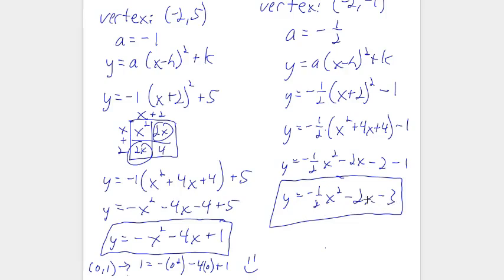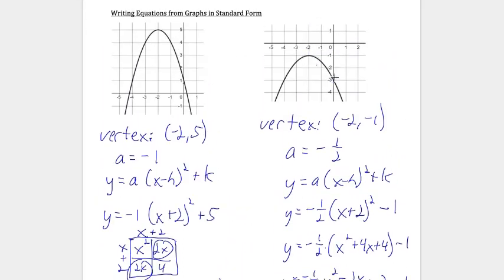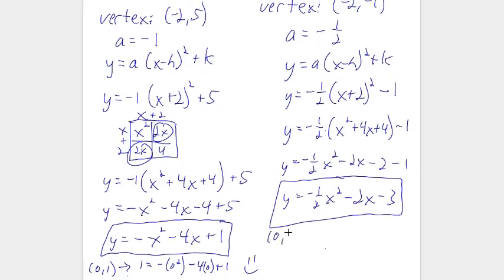Again, let's double check just to make sure this equation actually works for this parabola. Let's use the point 0, negative 3. That point's going to minimize how much work we need to do because the x value is 0. So y equals negative 3.